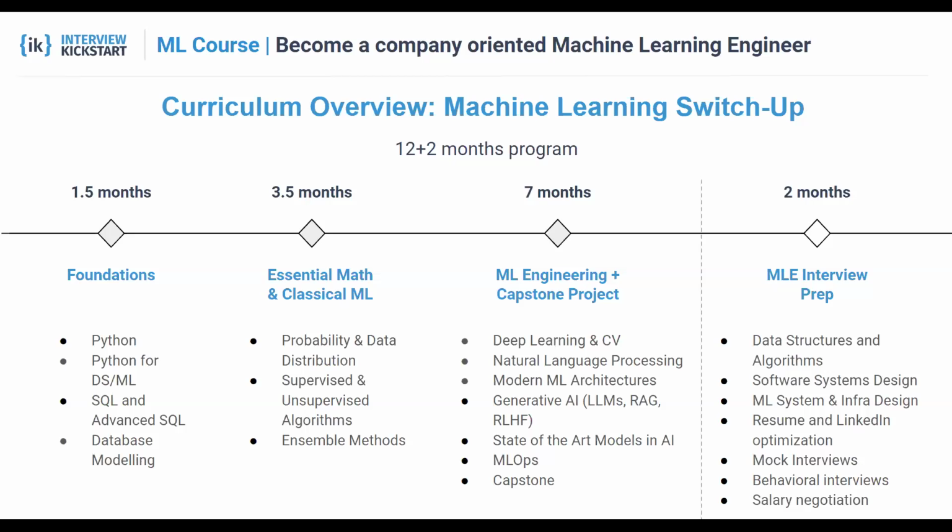So this curriculum offers you a 12 plus 2 month program, wherein you start with the foundations of Python, SQL, some database modeling, and spend some time on the essential math and classical ML, where we go through probability, data distribution, some classical machine learning algorithms, EDA, like Arnab had just taught, data processing, and then putting these into machine learning models like regression and classification, right?